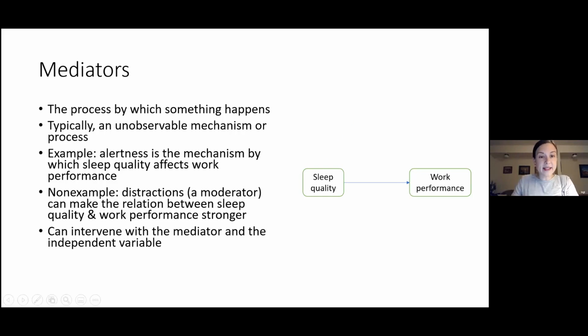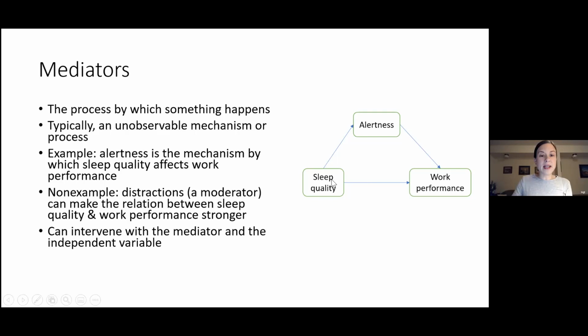And that's a mediator. Research has found that your level of alertness is the process by which your sleep quality determines how alert you are during the day. And then that level of alertness is what really predicts your work performance.